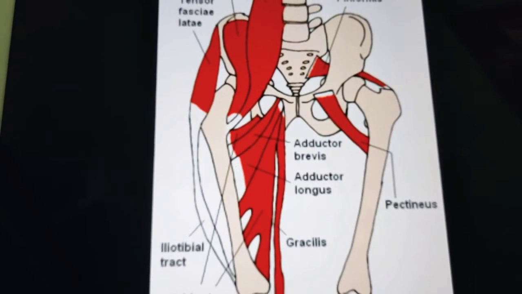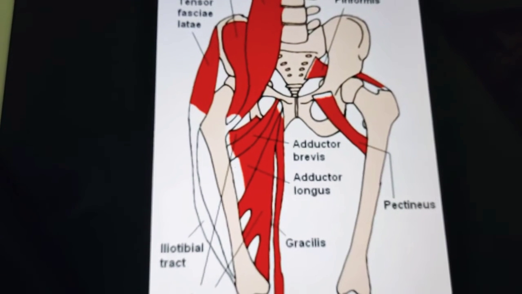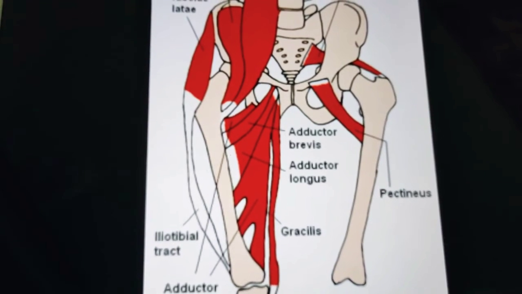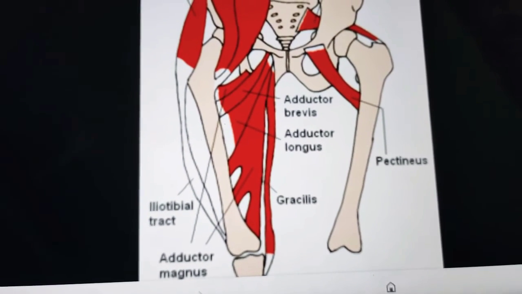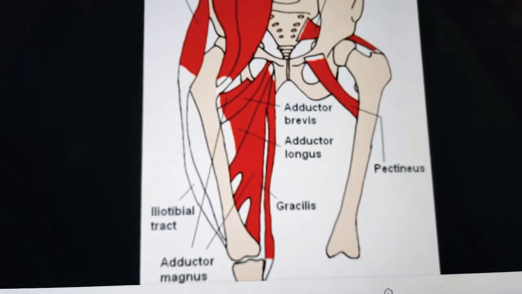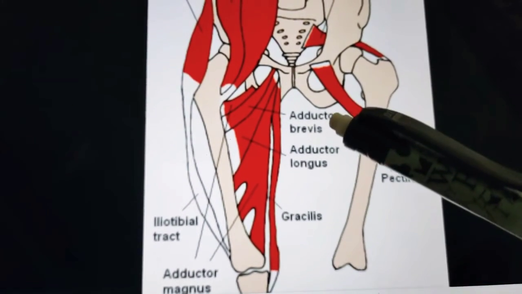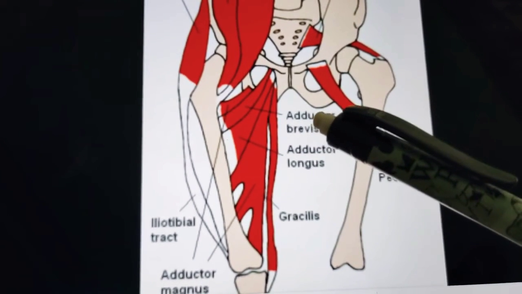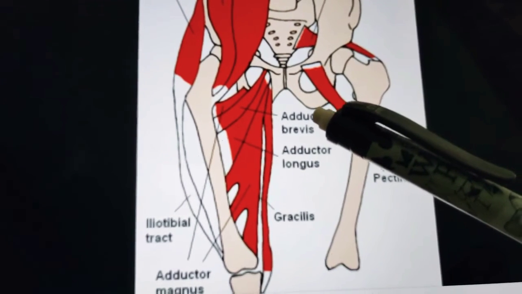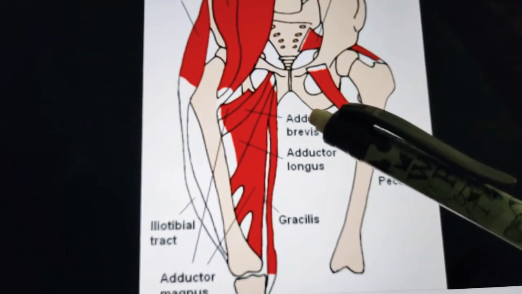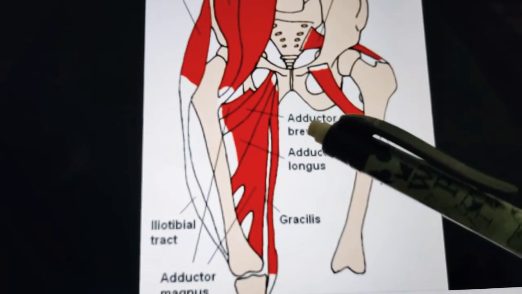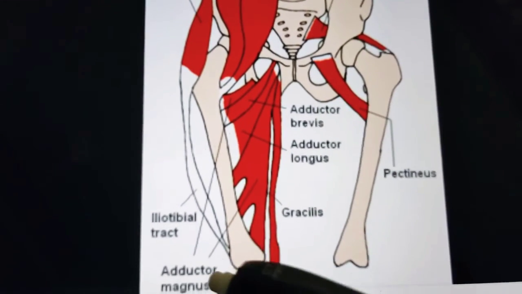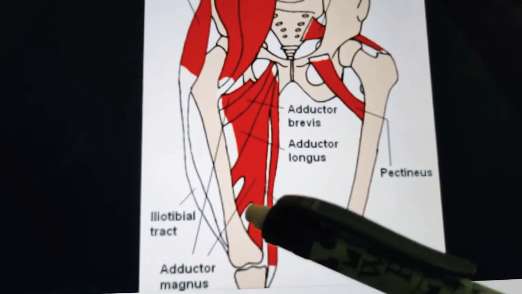Lastly we will discuss the nerve supply. Of course everything is supplied by the obturator nerve, but you need to understand what is supplied by the anterior division and what by the posterior division. Adductor brevis is supplied by either the anterior or the posterior division, but not both. If it is supplied by the anterior division, it will not be supplied by the posterior division. Adductor magnus is supplied by the posterior division of the obturator nerve.